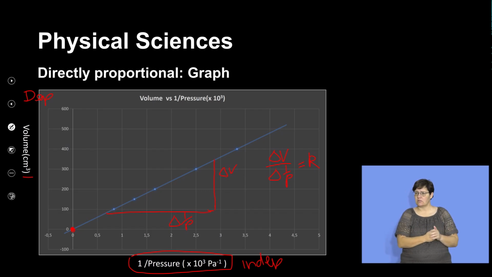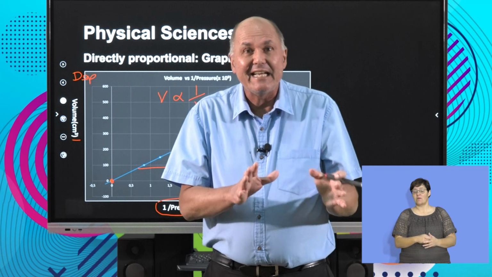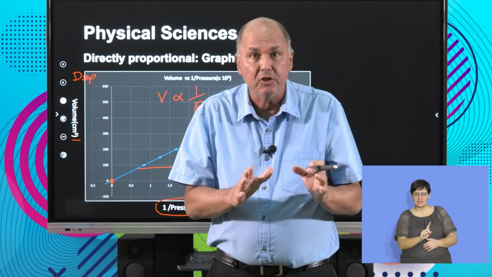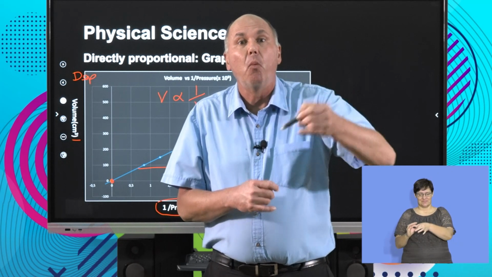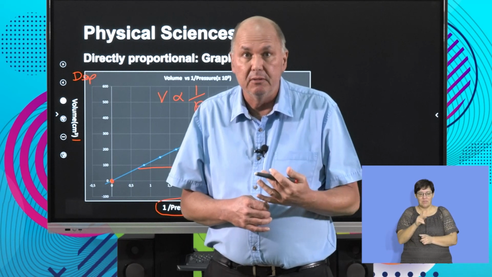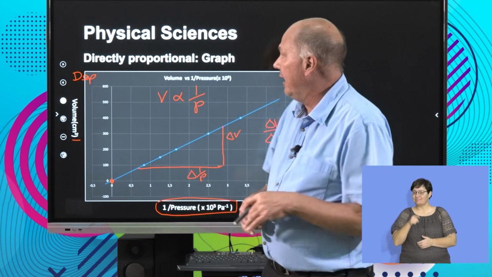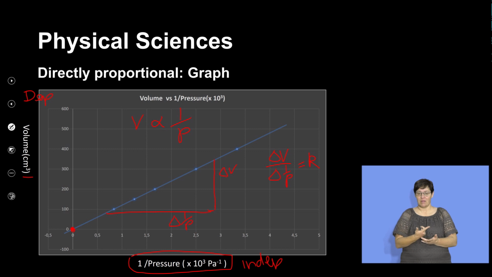Well, I think we can say that volume is directly proportional to 1 over pressure. That's a very interesting conclusion, because it's telling us about a proportional relationship, but it includes a 1 over, a reciprocal. That's quite a word that we don't hear very often, but it's an important word to remember.